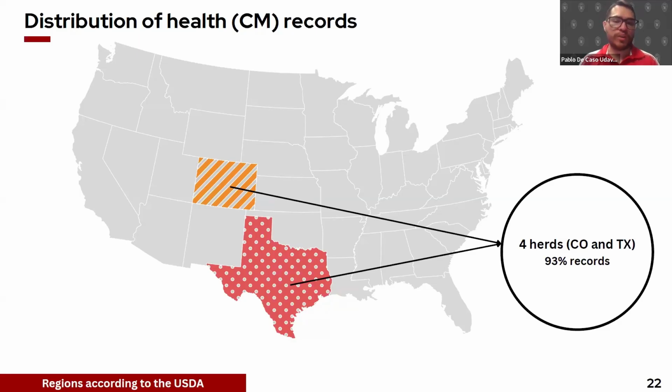So what we could take from this is that potentially for the other herds, we were not able to access that level of detail of observation because maybe they did not have it online. Maybe we're speaking about smaller herds that keep Excel files or take written records. And unfortunately, because we're dealing with DHIA data, we were not able to access that information. So to give a fair comparison, we only restricted our analysis to these 4 herds, which were located in 2 different regions of the US, in 2 different states.